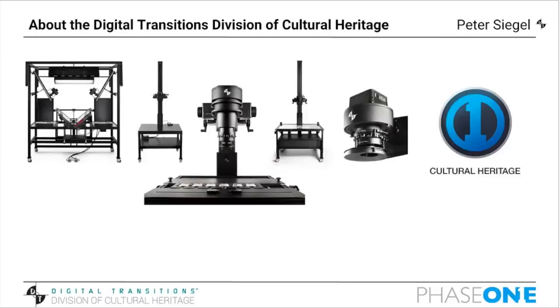Our Division of Cultural Heritage was brought about years ago, and this presentation is very appropriate for our solutions because we make purpose-built solutions for digitization of holdings which follow process control very tightly.